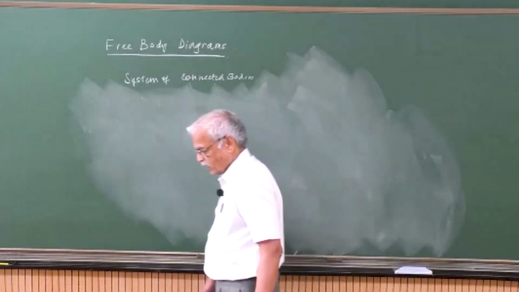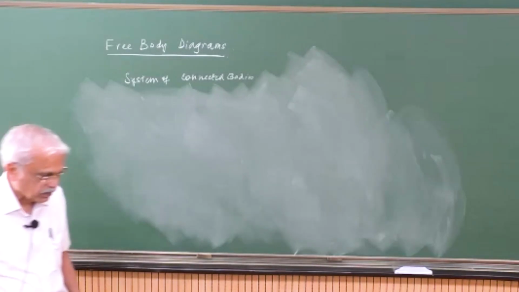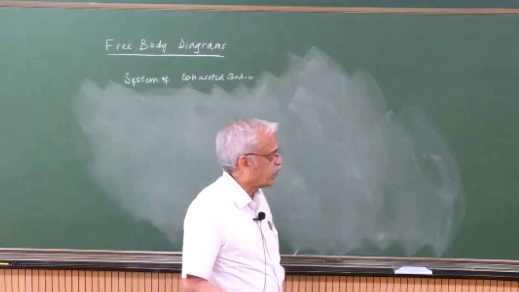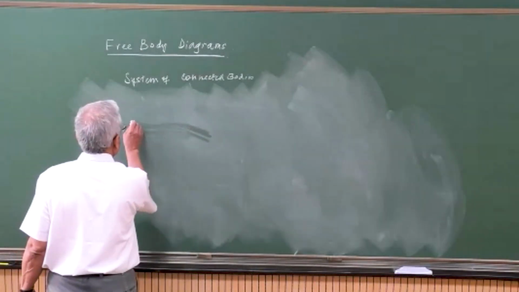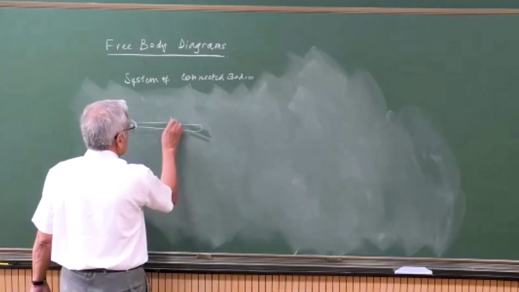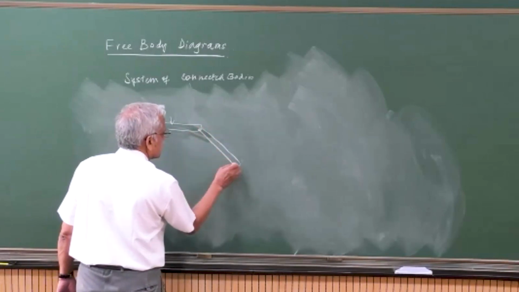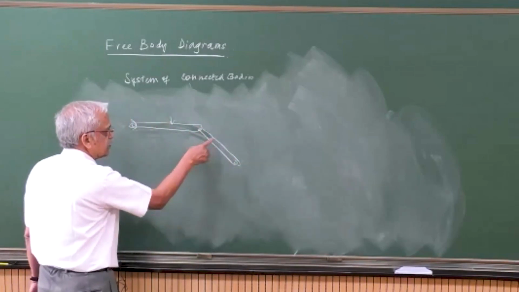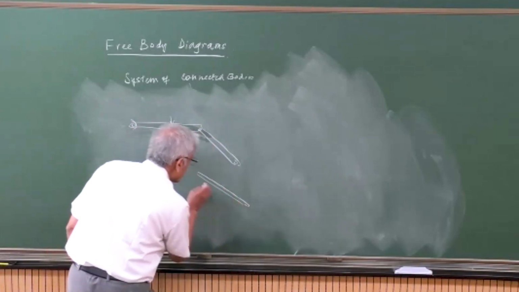So like this, and of course, I think I didn't mention it probably. If you have a body here, so if you consider this body, interestingly, you can reduce the number of unknowns.